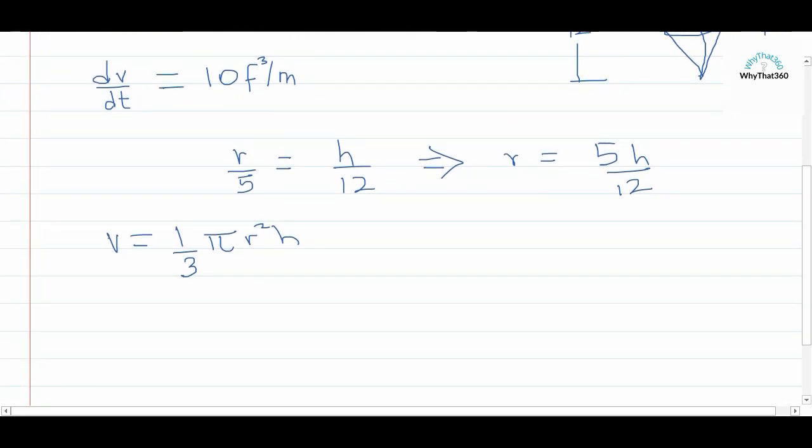At this point, we can say the volume of the cone is equal to 1 out of 3 pi, r with 5h out of 12. We are going to square r, multiplied by h.